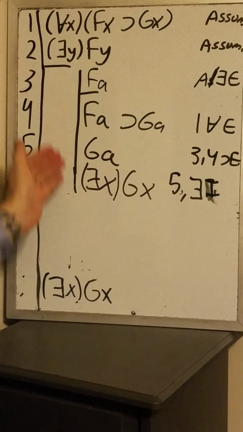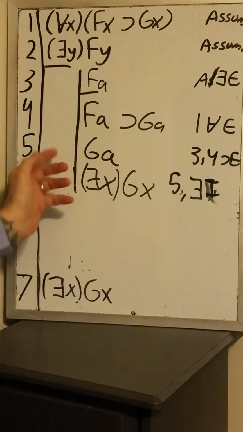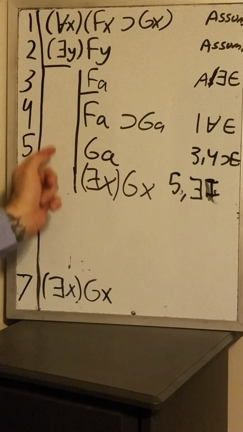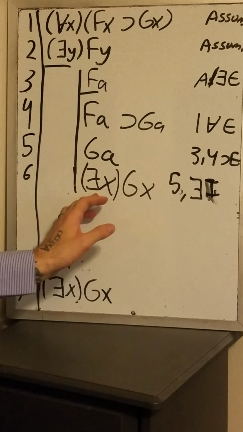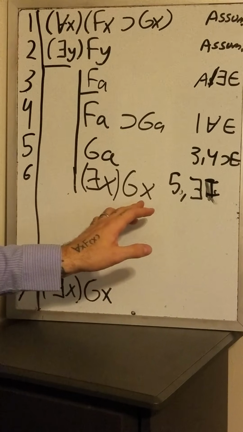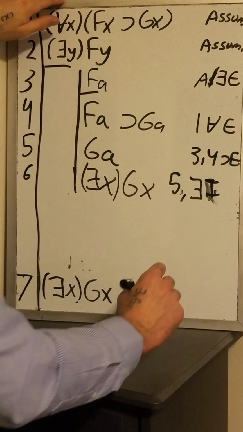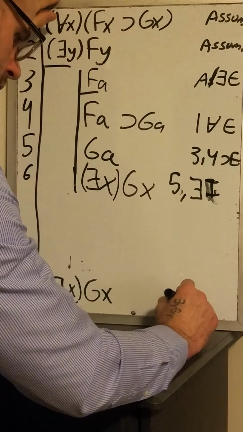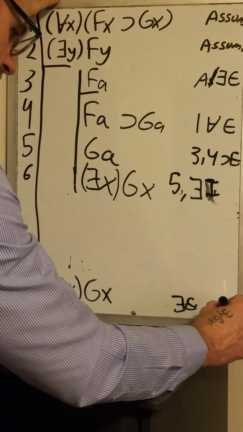Now we can close off the subderivation, and on lines 3 through 6, we got there is an x that is G. There's something that's G, by existential elimination, lines 3 through 6.